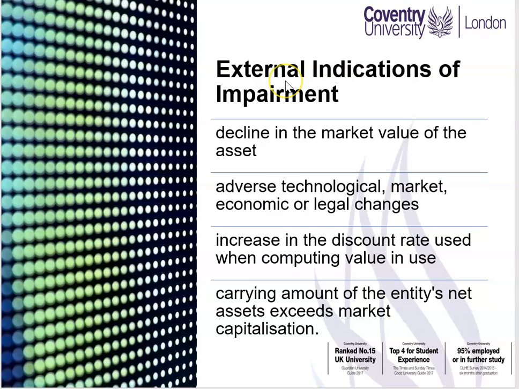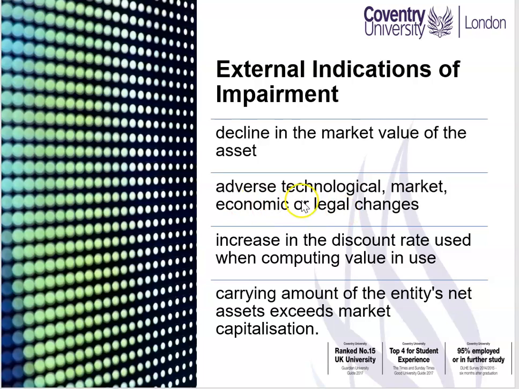In terms of external indicators, these are decline in the market value of the asset. So if the market value of the asset has fallen dramatically, it means you can sell it for less. So that means we have to test to see if the recoverable amount has fallen. Adverse technological, market, economic or legal changes, such as we have under the coronavirus.